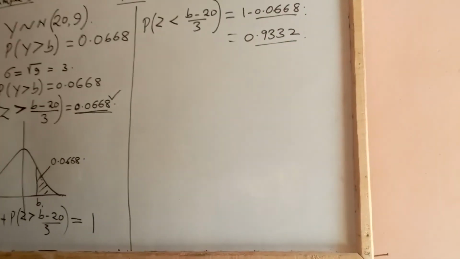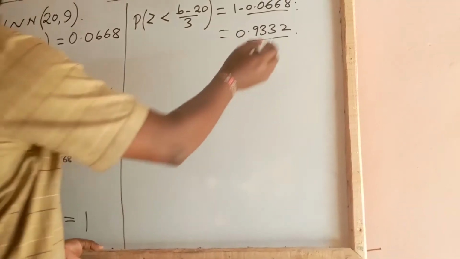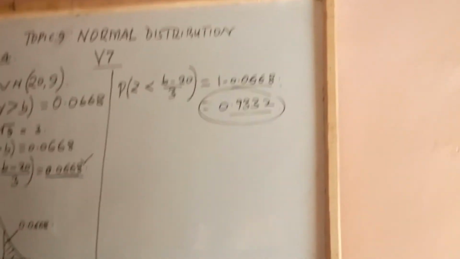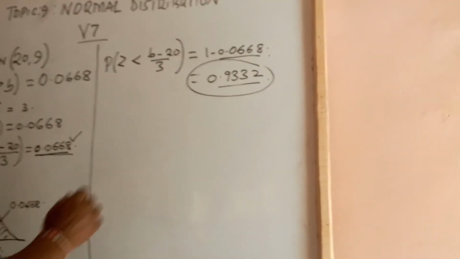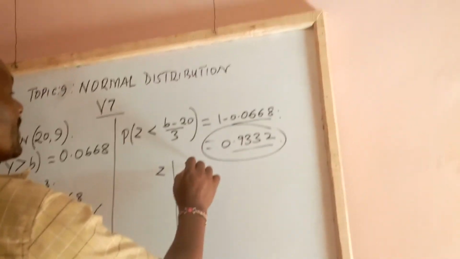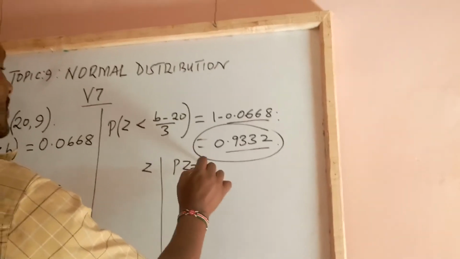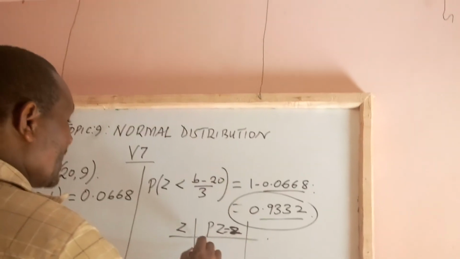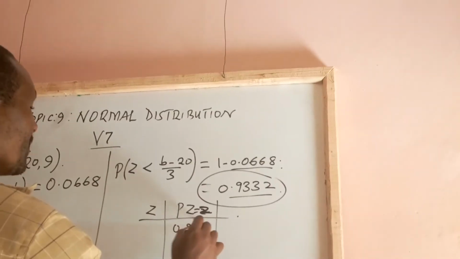Now, our business is just to go to the table on page 201 and identify which value of Z gives us the probability of Z equal to that area. We have to go there now. The area is 0.9332.